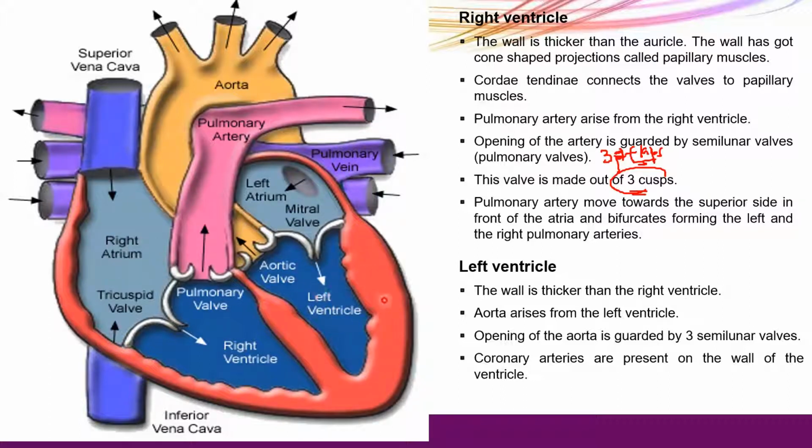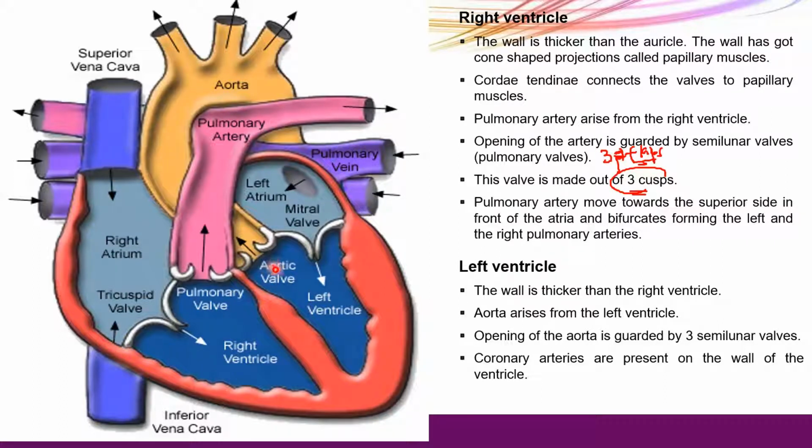Here the walls are very thick. They're even thicker than the right ventricle, right? So this part of the heart is the most muscular. The walls are thicker, and then you can see the aorta arises from the left ventricle, as the blood is pumped from the left ventricle into the aorta. You can look at the valve here as well. This again, a semilunar valve, contains 3 cusps or 3 flaps, and this is known as the aortic valve.